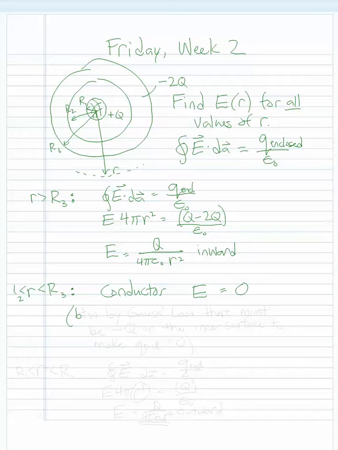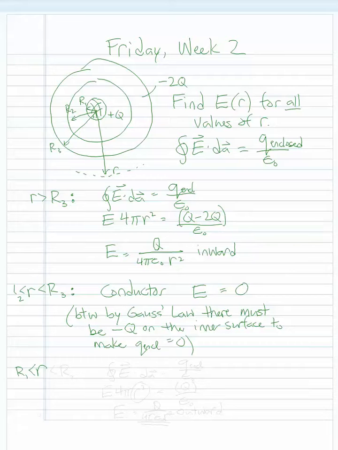By the way, that means by Gauss's law there must be a minus Q on the inner surface to make the Q enclosed be 0. Okay, there we go.